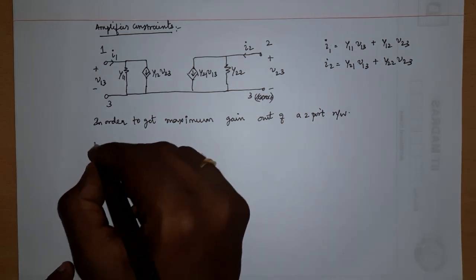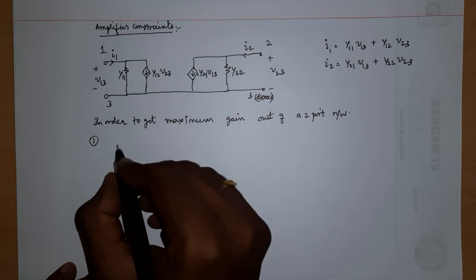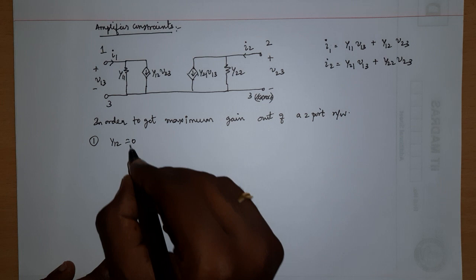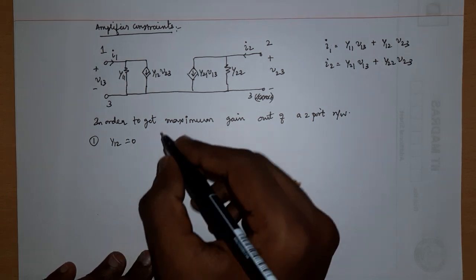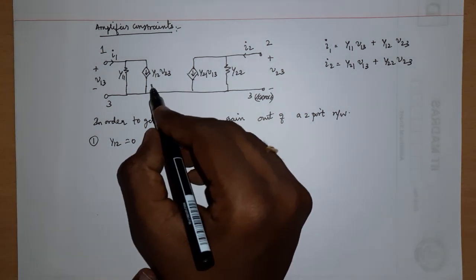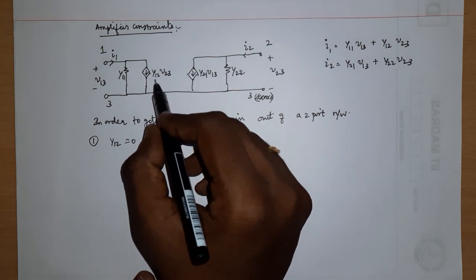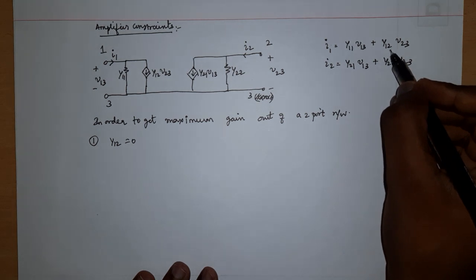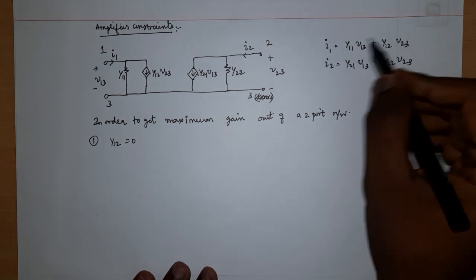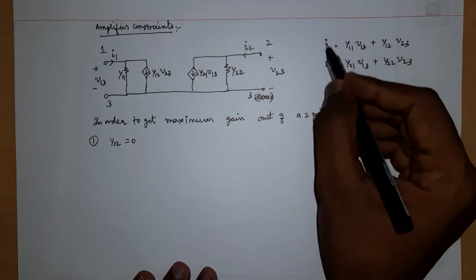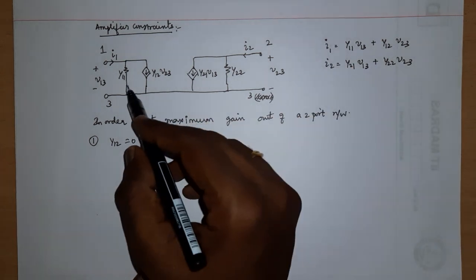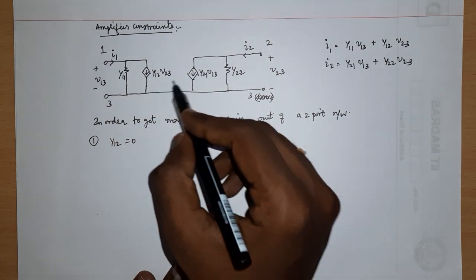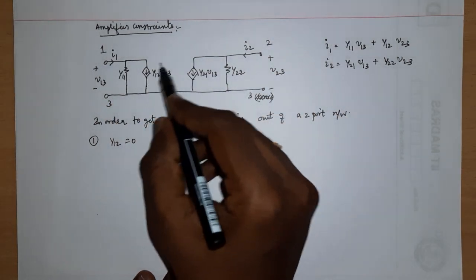The constraints: the first one is that the y12 here, this particular term, should be 0. The reason is that y12 is nothing but the effect of output onto input. So what is y12? Y12 is the effect of v2, which is added to i1. I1 is the input side, right? And if I1 changes according to V2, that is what this Y12 does, right?